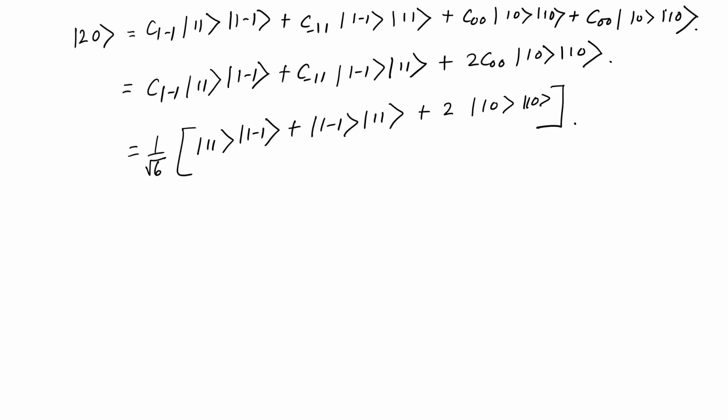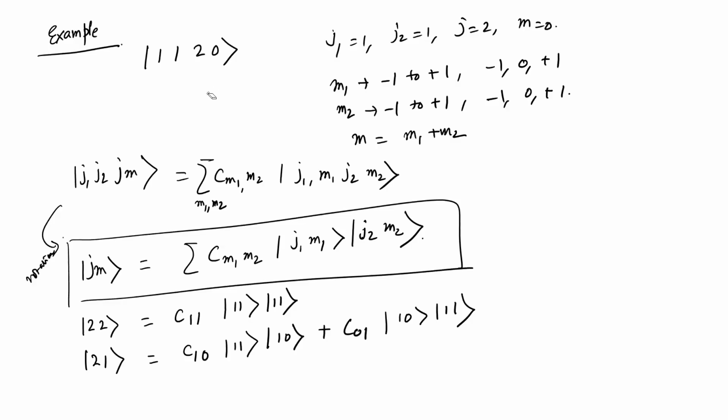Now, this is a distinct problem than the last one. The last one we had to operate by a J minus, or in some cases, as I said, if it is at the maximal value, you will have to apply a J plus. We did not have to do anything here, because it was at the middle value. So, you had a 0 here.